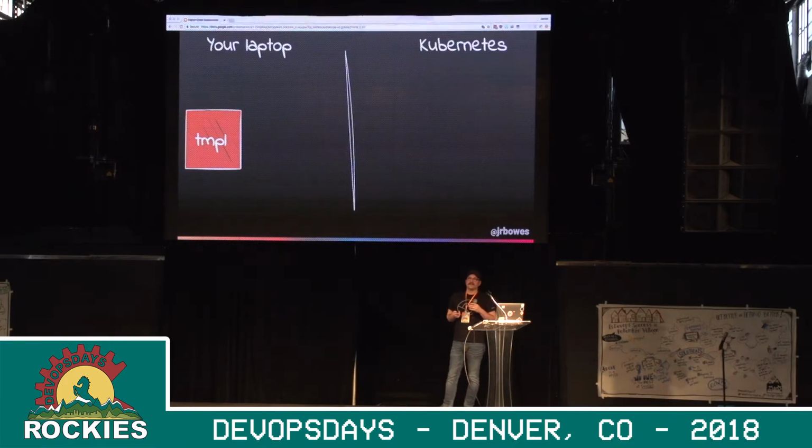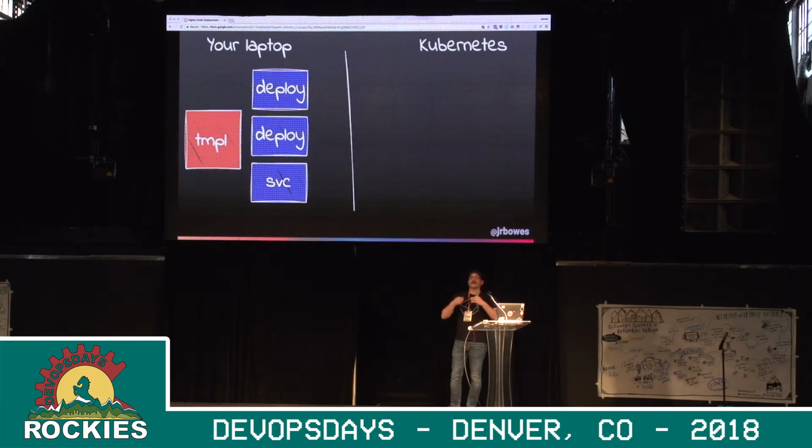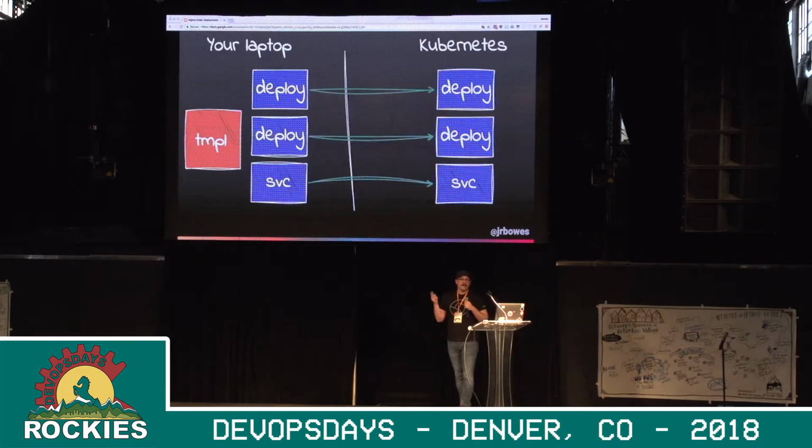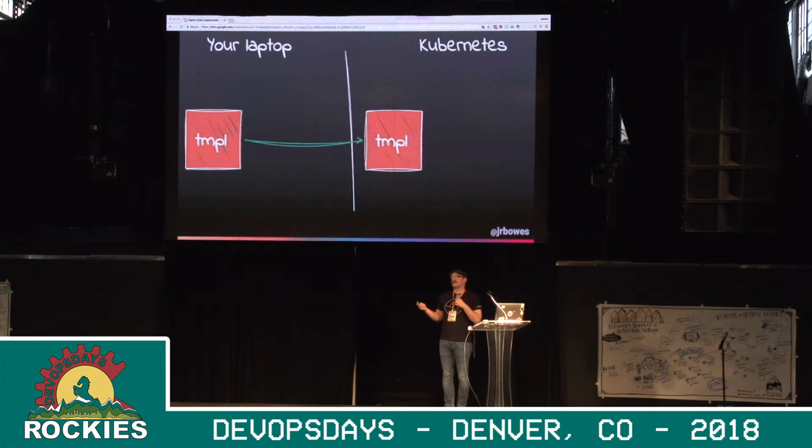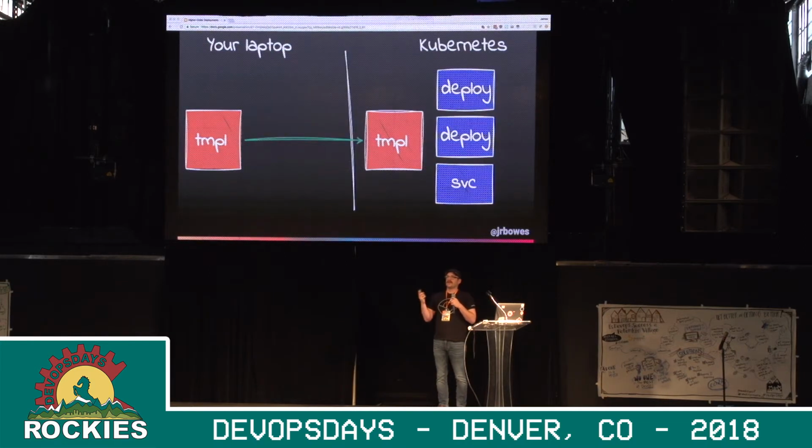If we think about something like Ansible, you start with a template on your laptop or in Tower, and the first thing that happens is Ansible says, this template means 2 deploys and a service, and then I'm going to call the Kubernetes API and push them into Kubernetes. The difference is that if you start with custom resources, you can say, here's my template, and Kubernetes understands this. So I can push that up to the API, and then the creation happens over here.